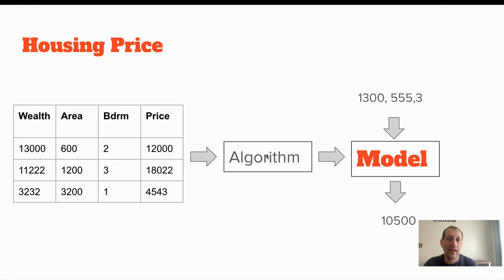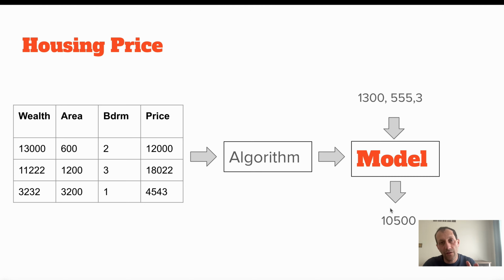You have this learning algorithm, which is gradient descent. And with that, you will build this model. And once you have that model trained, now you can feed into it a bunch of features like the area and bedrooms, and it will predict the house price.